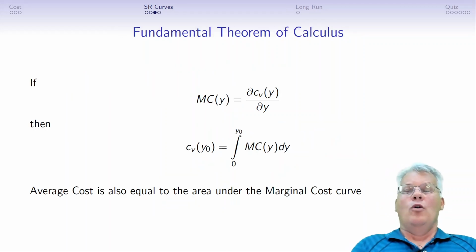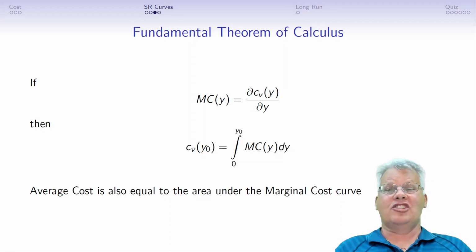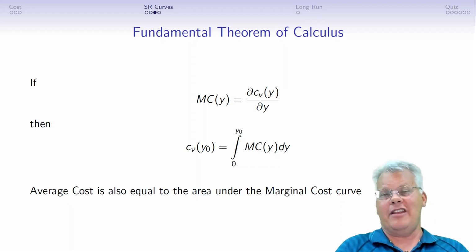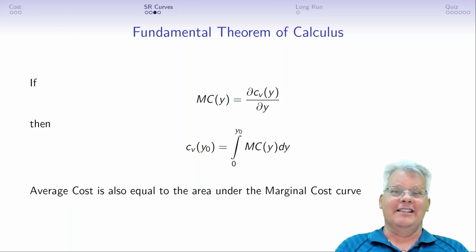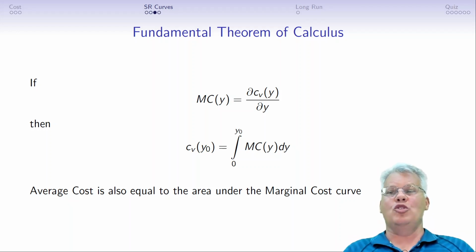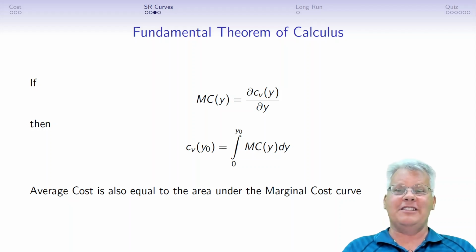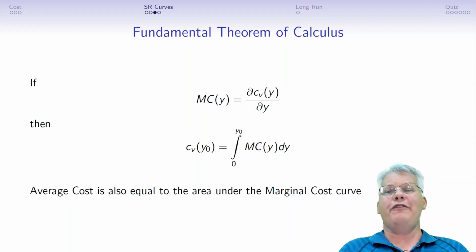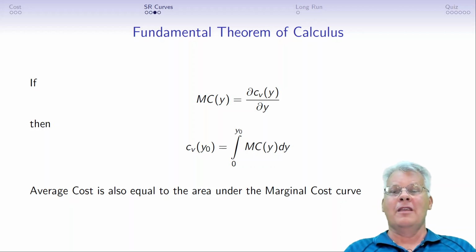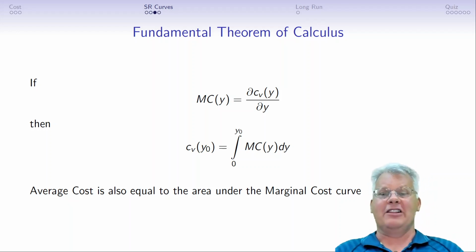Okay. One of the problems in the practice quiz deals with the fundamental theorem of calculus, so I thought that I'd remind you of it now, lest it be a surprise to you. Applied to this particular situation, what the fundamental theorem says is that if marginal cost is the derivative of variable cost with respect to output, then variable costs are equal to the integral of marginal cost with respect to output.